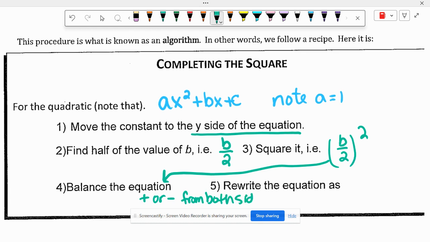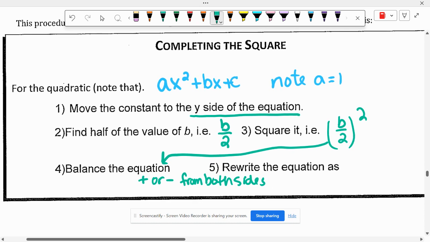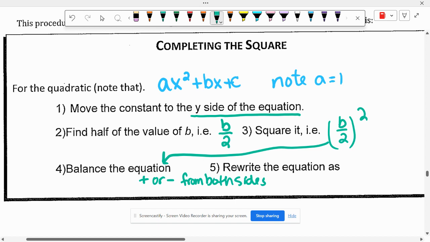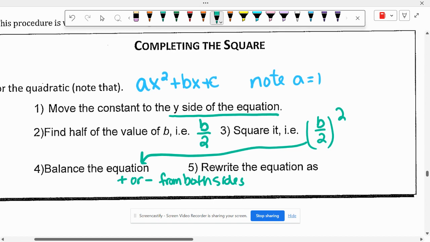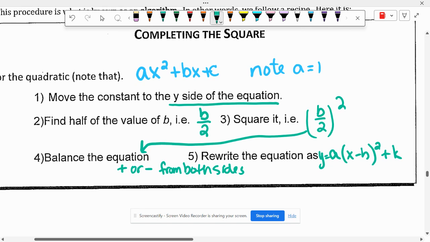That's what it means to balance your equation. You add or subtract the same thing from both sides. And then we just rewrite it in vertex form: y equals a times the quantity x minus h, quantity squared, plus k. That's the recipe for making this happen.